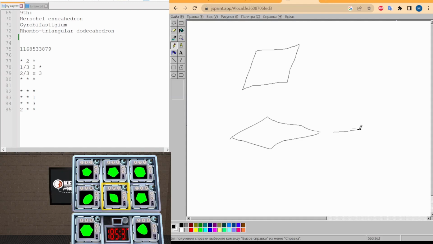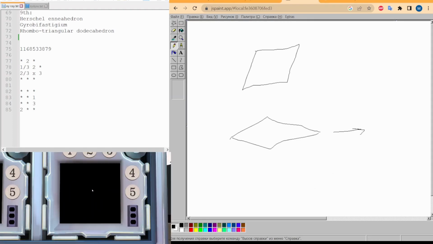If it goes the same way as it is squeezed, like that, then it's probably a cube. Otherwise, it's not. So let's take a look here.